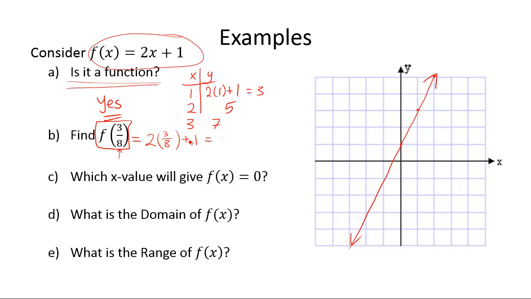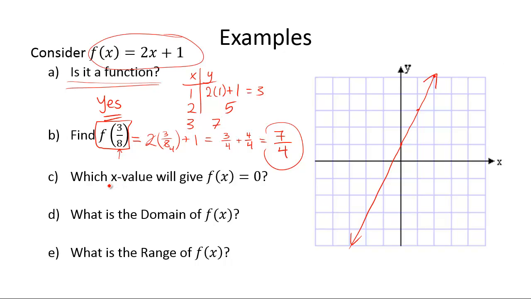So 2 times 3/8 plus 1, so that'll be 3/4 plus 1, which is 7/4. And that's it. There's no division, nothing else to be done. It is just saying evaluate 2x plus 1 with x being 3/8.